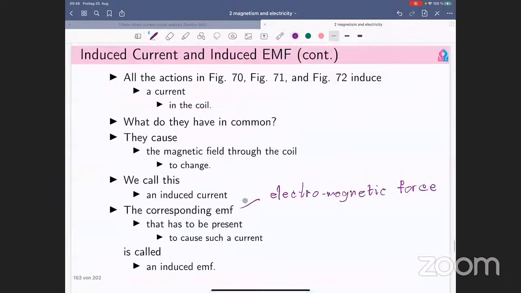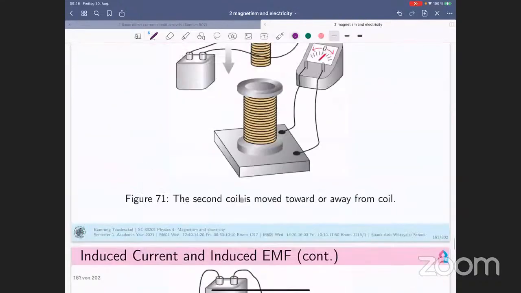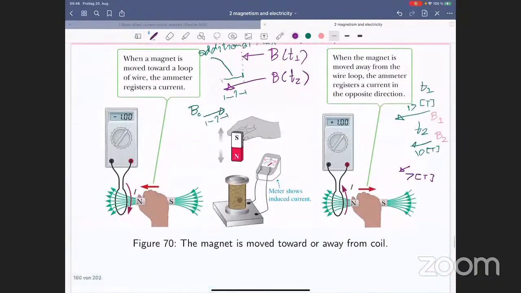The negative means it tries to induce the current or the electromotive force against the change of the magnetic field. When the magnetic field increases, it tries to generate the current so that the magnetic field will decrease.